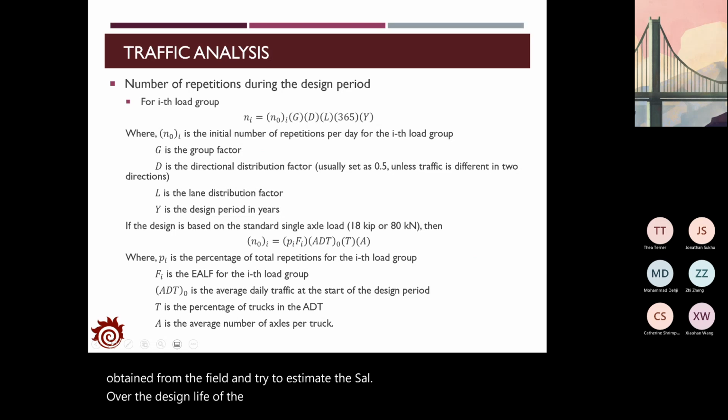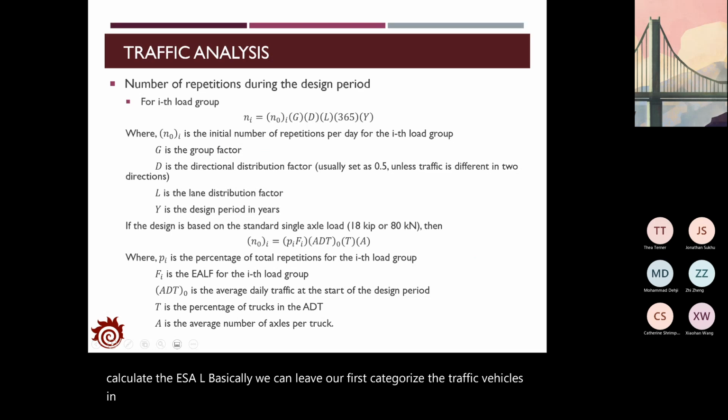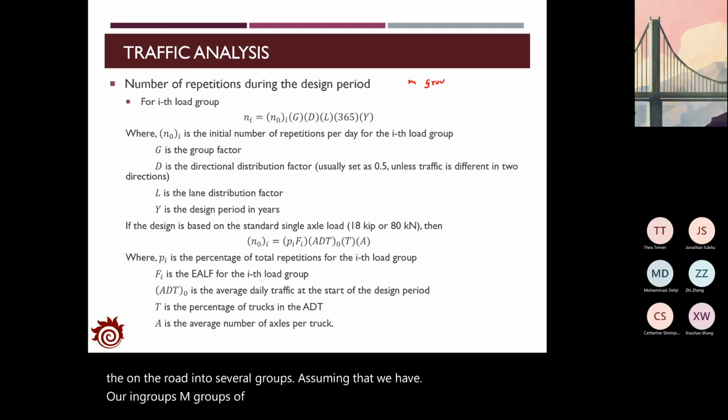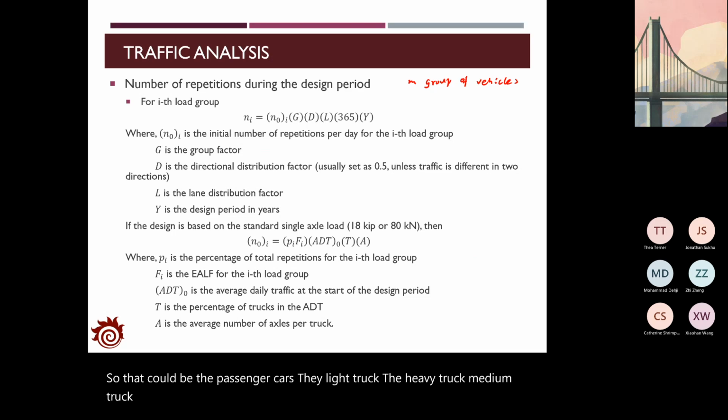So here we have several equations to calculate the ESAL. Basically, we will first categorize the vehicles on the road into several groups, assuming that we have m groups of vehicles. So that could be passenger cars, light trucks, medium trucks, heavy trucks, buses, and so on.